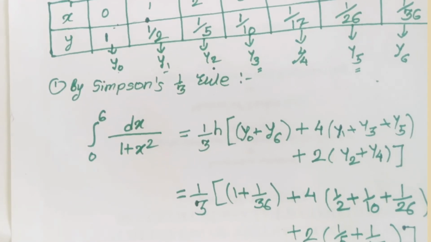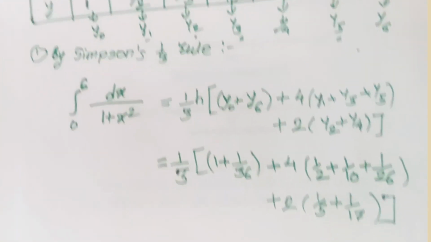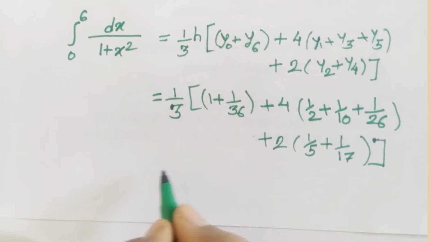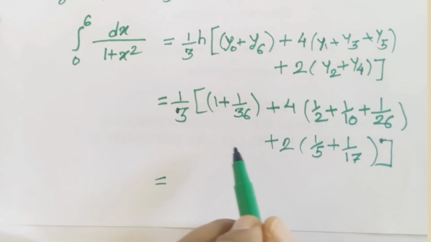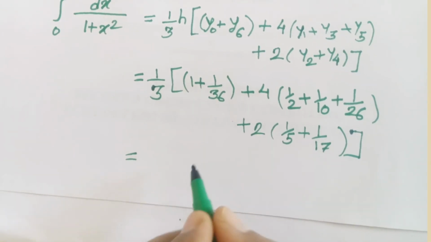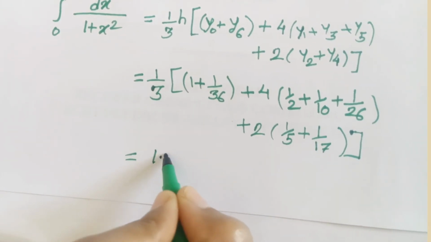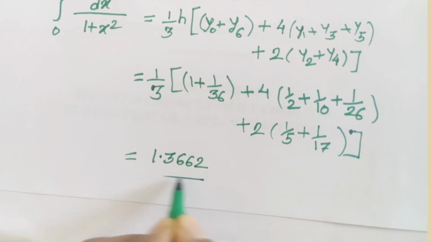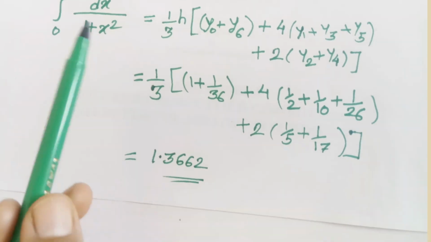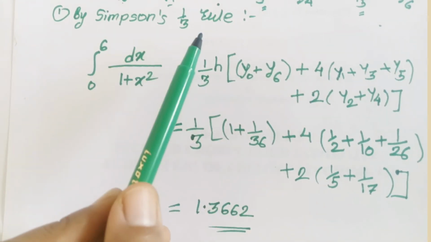Now calculate this value. If we calculate this with the help of a calculator, we get the final answer 1.3662. This is the answer with the help of Simpson's one-third rule.